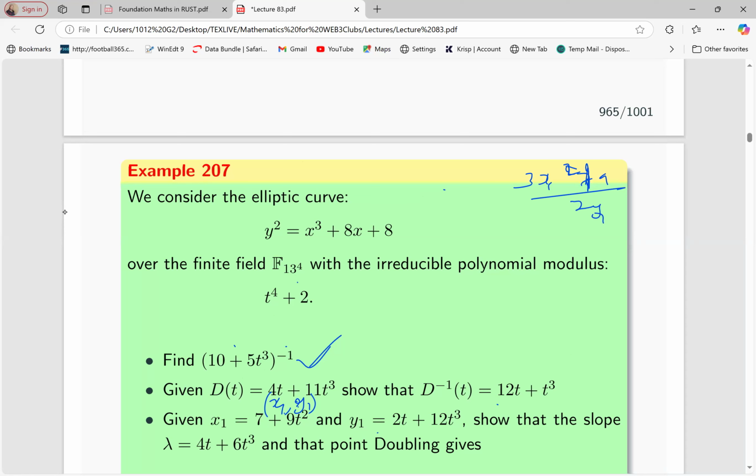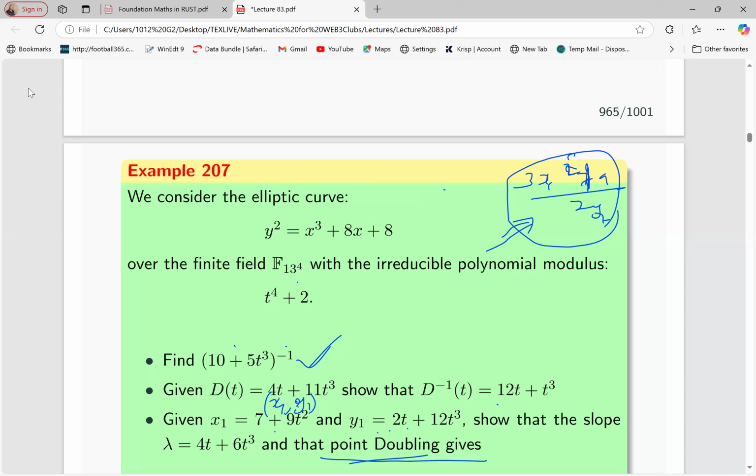Can I get the gradient? I want us to know how to write this gradient in your code. And then after getting this gradient, can you now find point doubling? Can you double this point?